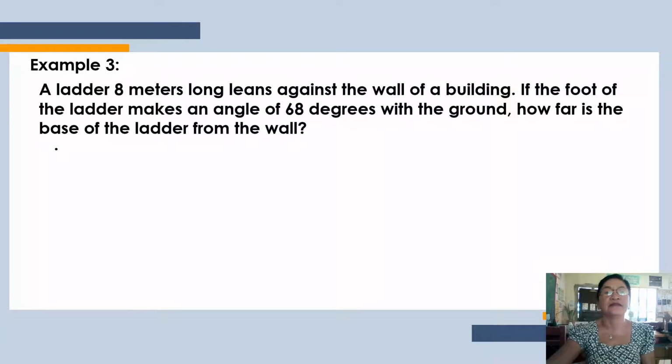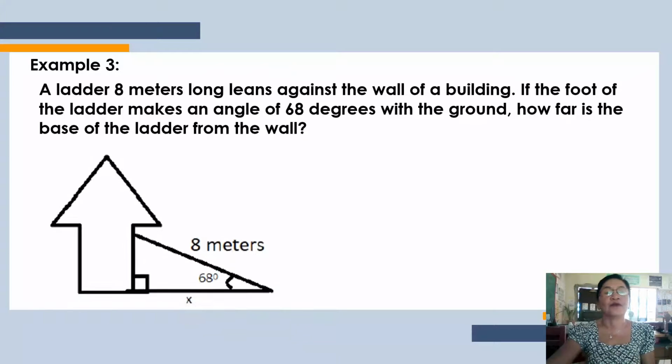Again, we are going to illustrate or draw the figure. So we have here the building, and we have here also the ladder, which is 8 meters long.